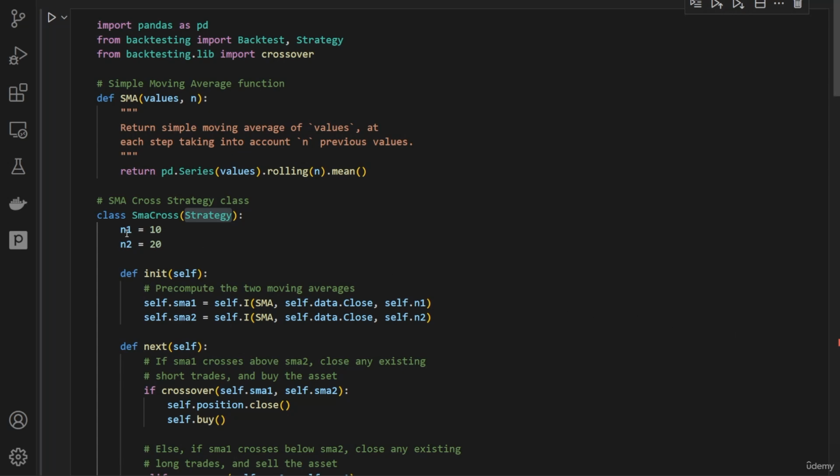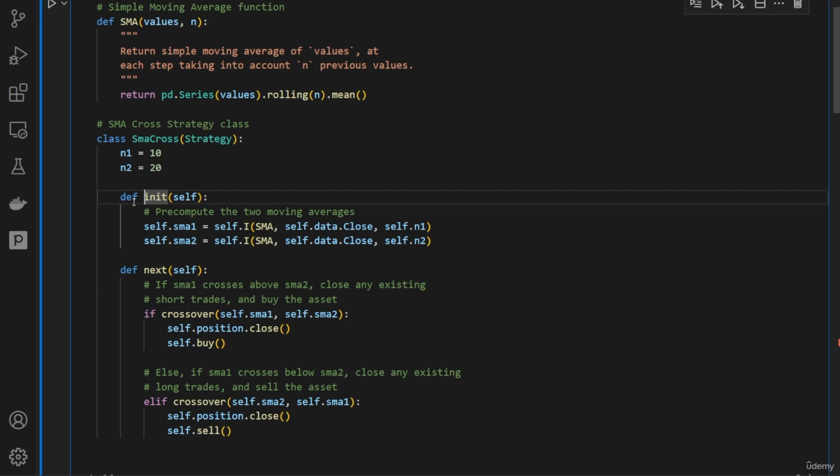Going back to our strategy, we're going to use two lengths for the moving averages, 10 and 20. We're defining this class that inherits from the Strategy class that we have just imported from the backtesting package. Then we're defining the initializer, def init, and we're going to pre-compute the two moving averages.